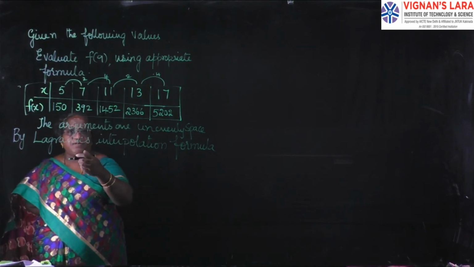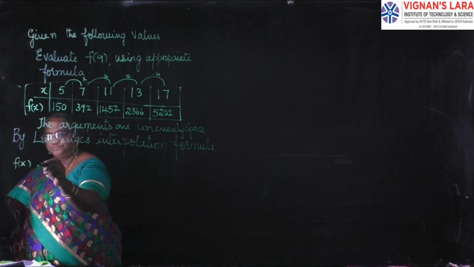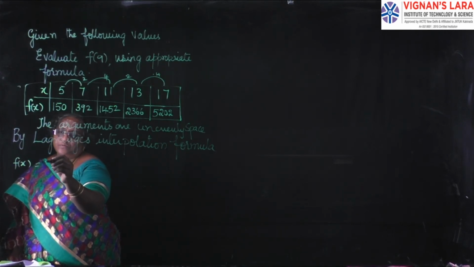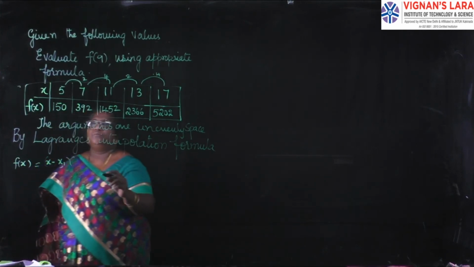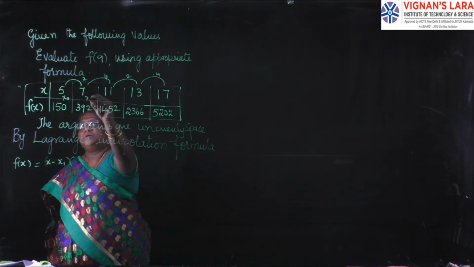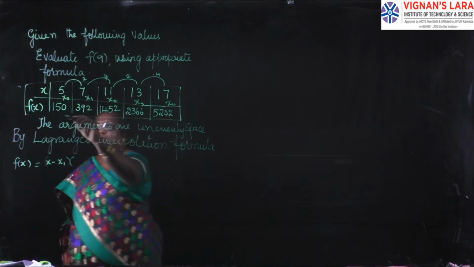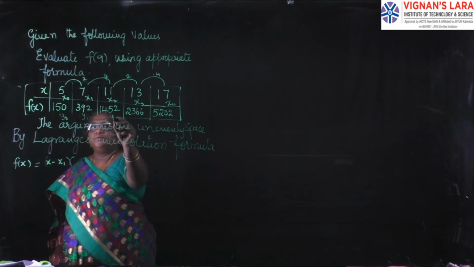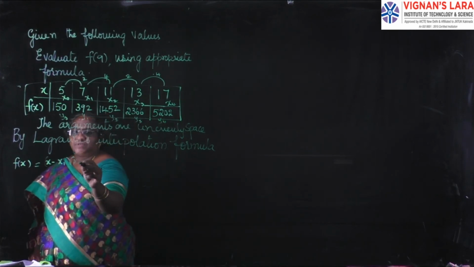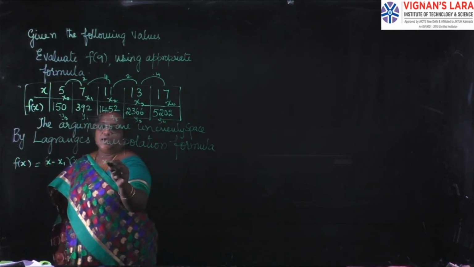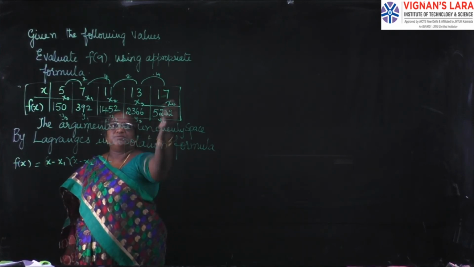So what is our Lagrange's interpolation formula? f of x is equal to (x minus x1)... So we have x0, x1, x2, x3, x4, and correspondingly y0, y1, y2, y3, y4. Now I am writing the formula according to the values given.